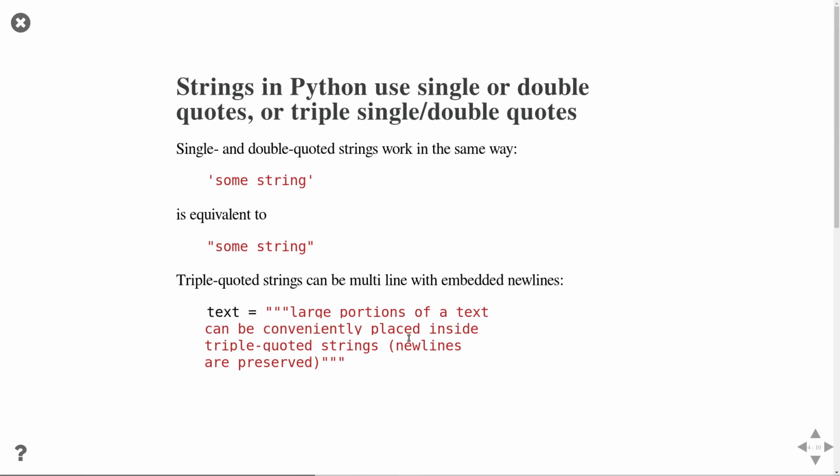As I mentioned, strings in Python can be created either by using single quotes or double quotes. Or if you have a multi-line text, you can use these triple quotes, and then everything will be a string up to the point where you use triple quotes again.